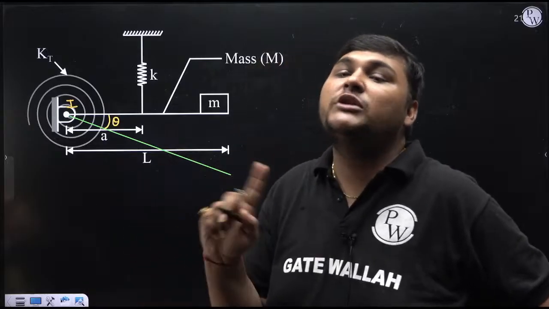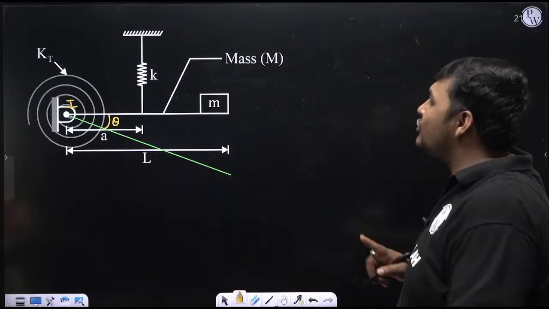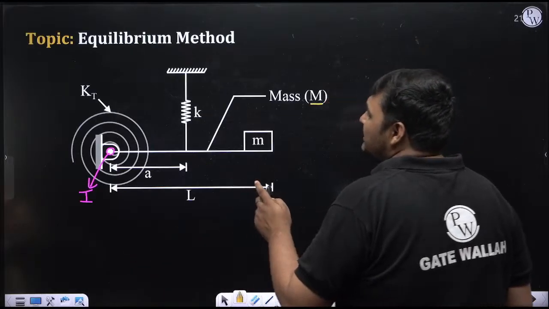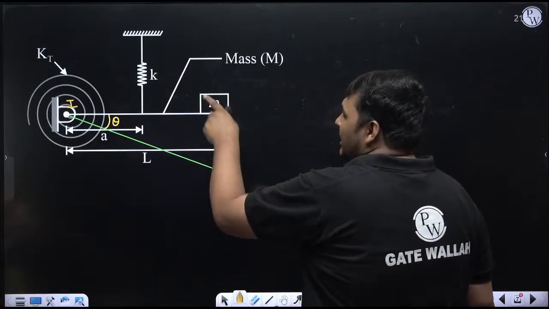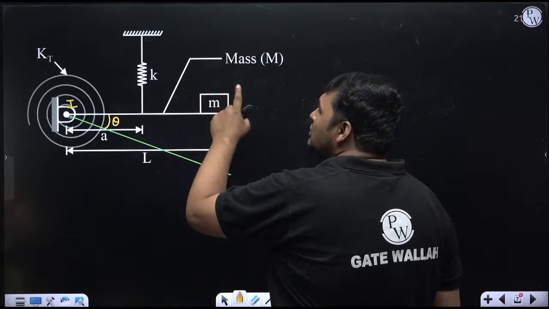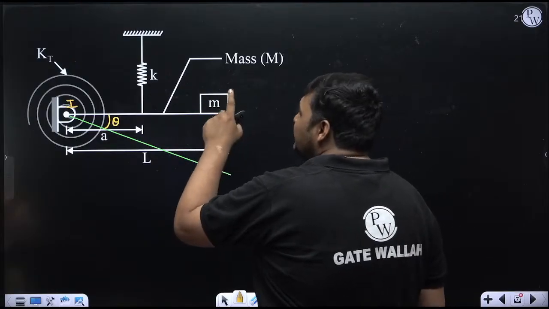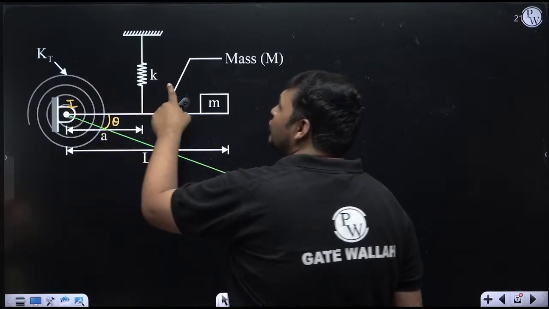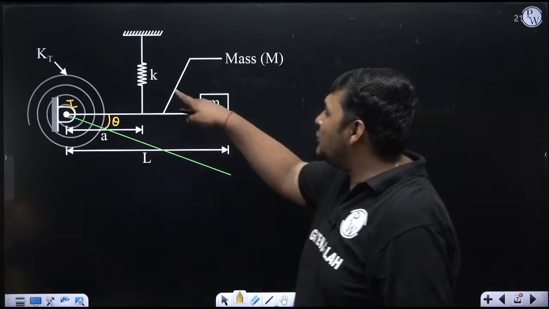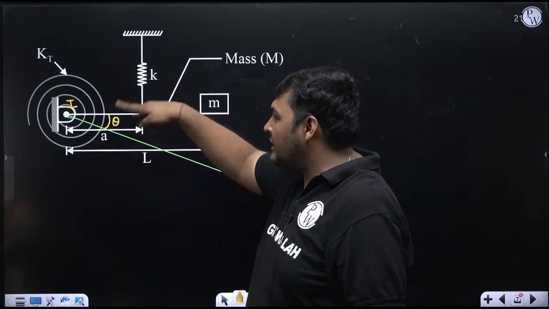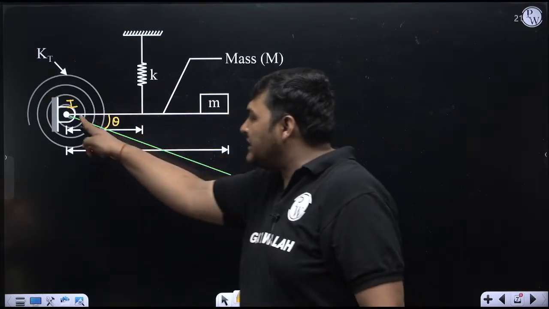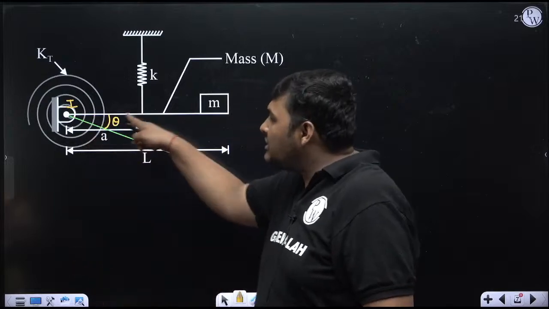Again, we need not bother about the mean position, because you can see in this diagram that vibration is occurring like this, and due to the weight, whether we take the weight of the rod or the weight of the point mass, static deflection will be induced in the spring. Because if there were no spring, this rod could not stay like this, it would take this position. So why is this rod in a horizontal position?